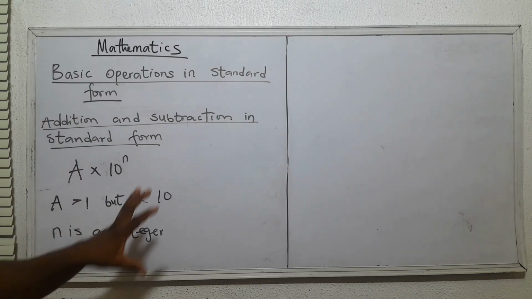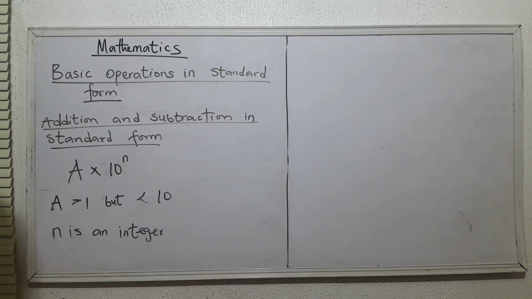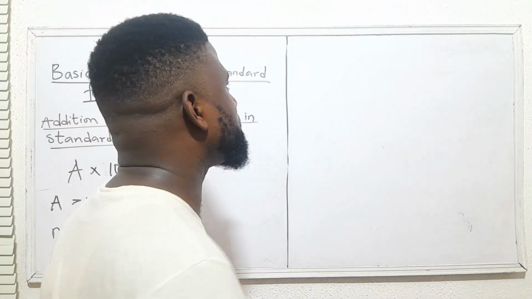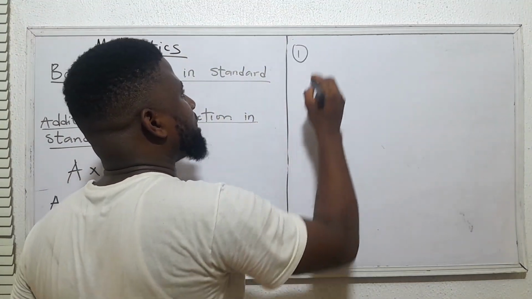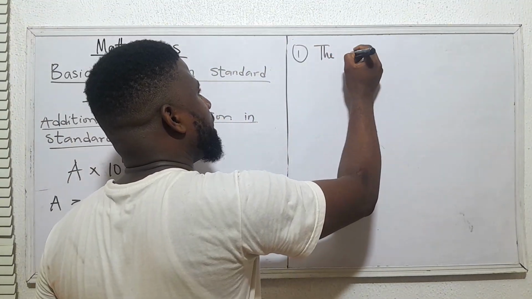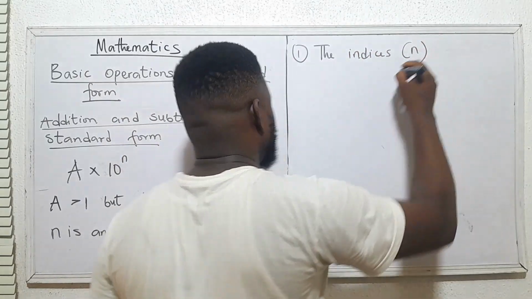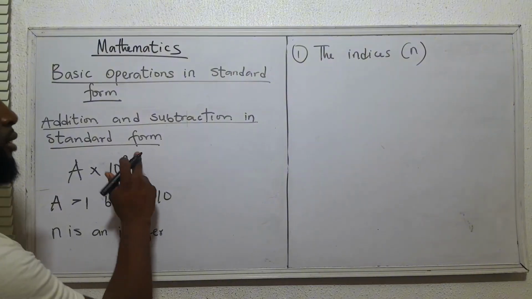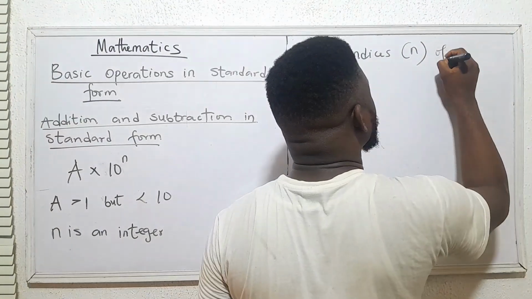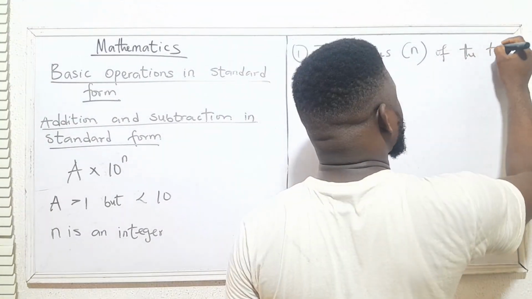Now, to add or subtract in standard form, the first thing you must note is that the indices, that is n, the indices of the two numbers must be the same.